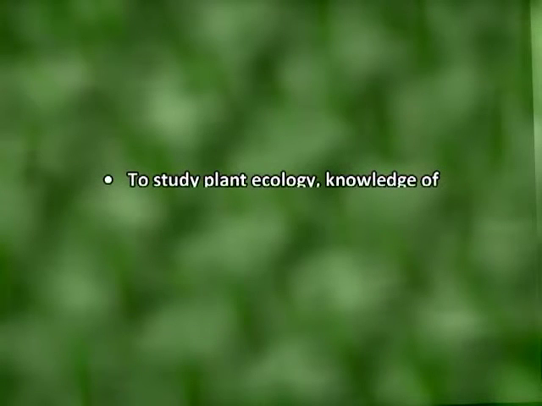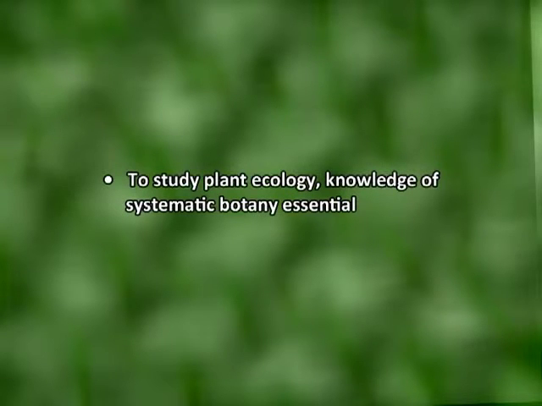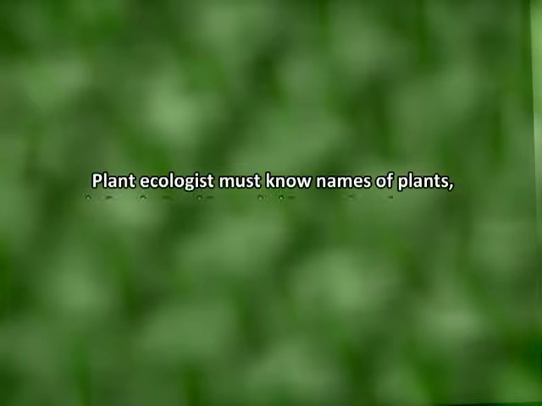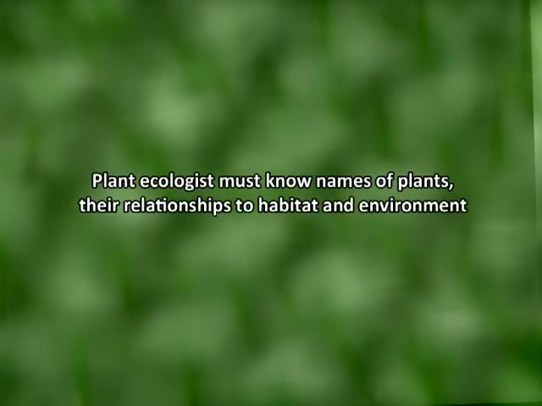Number 3. To study plant ecology, knowledge of systematic botany becomes essential. The plant ecologist must know the names of the plants and their relationships to habitat and environment. The character of the soil of a land area may easily be judged by the vegetation grown there.